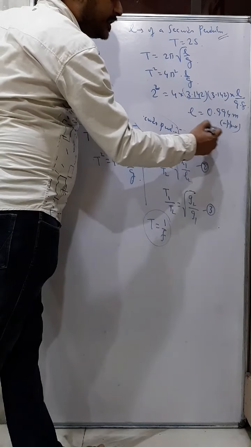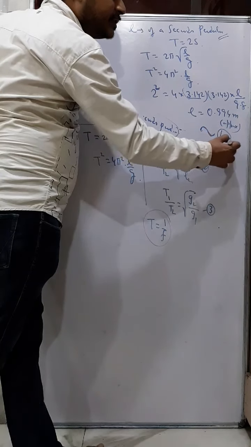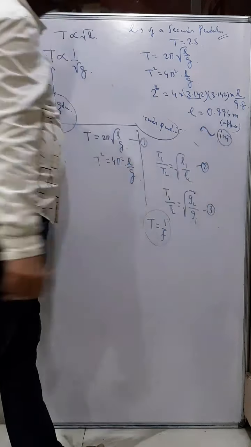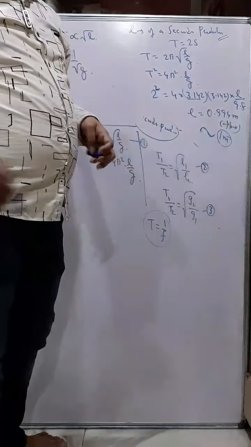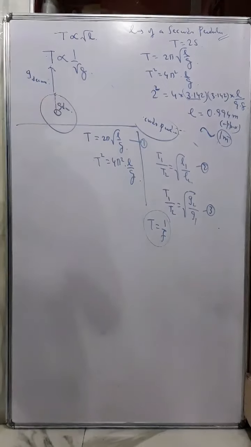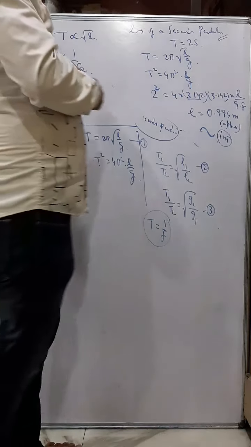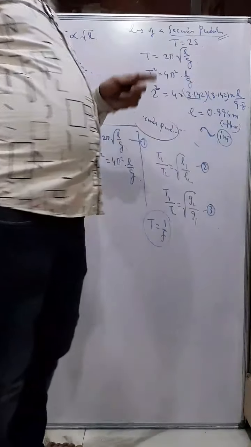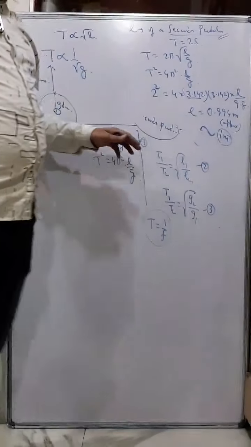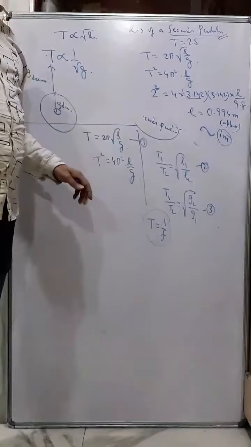It is more or less 1 meter, understand? 0.994 meter means approximately 1 meter. So you can say that the effective length of a seconds pendulum is approximately equal to 1 meter. So understand? So therefore this part is complete now, okay?